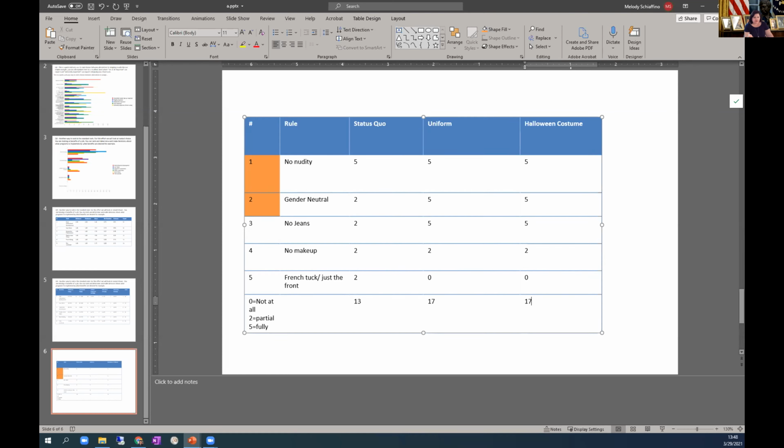Usually when you have a tie, you'll either implement both or the portions that you like of both, or you will rerun the second round with these two, with additional parameters, or make the Likert scale have more options than just the 3. Does that make sense? Yeah, okay.